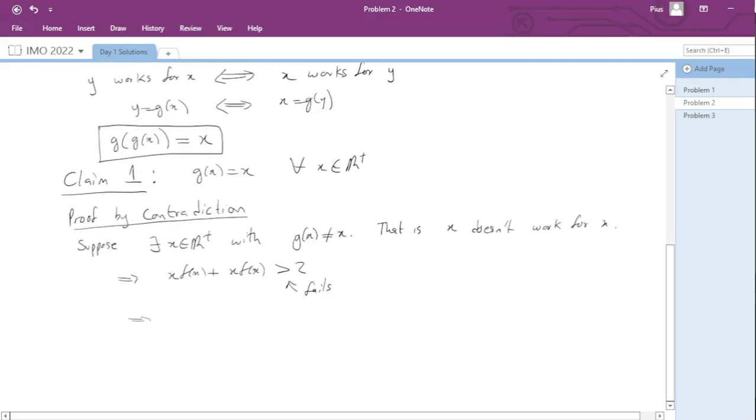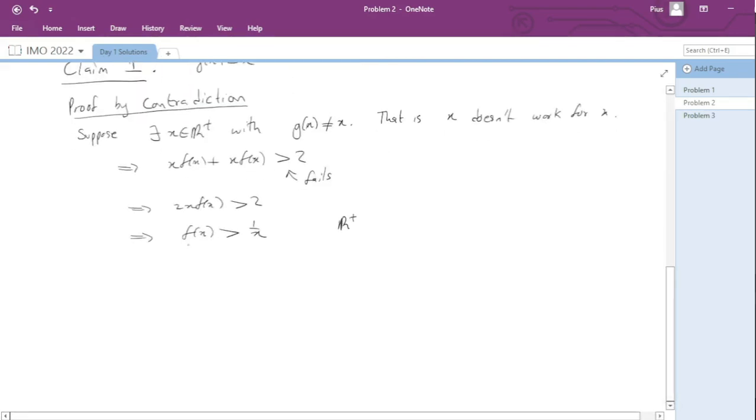Okay, so with this we can simplify and make f of x the subject by collecting like terms and dividing by 2x. So we get that f of x in this case will have to be greater than 1 over x. This works because x is positive, so we don't have to worry about the direction of the inequality.